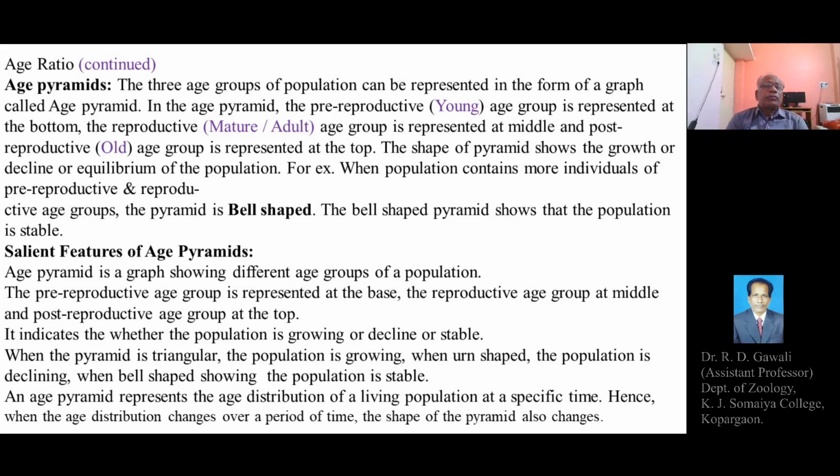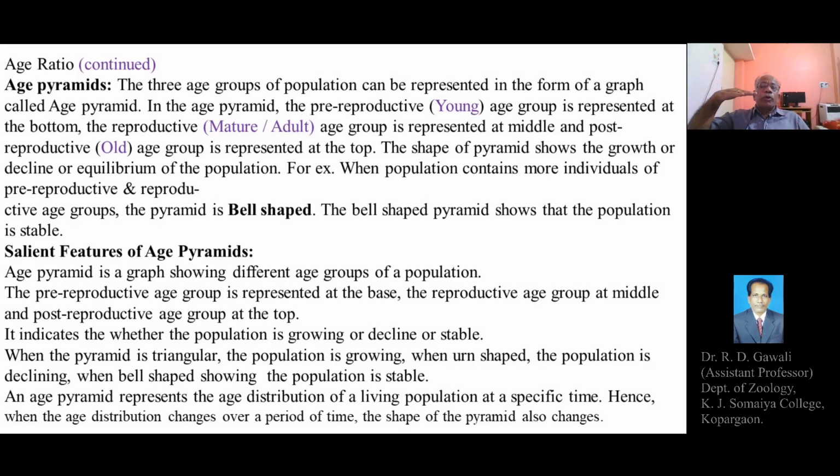Then we'll explain the salient features of the age pyramids. An age pyramid is a graph showing different age groups of the population. As explained earlier, there are three age groups, which are represented one on another.